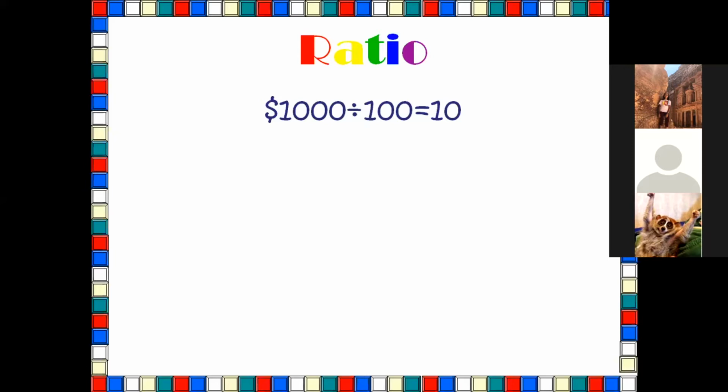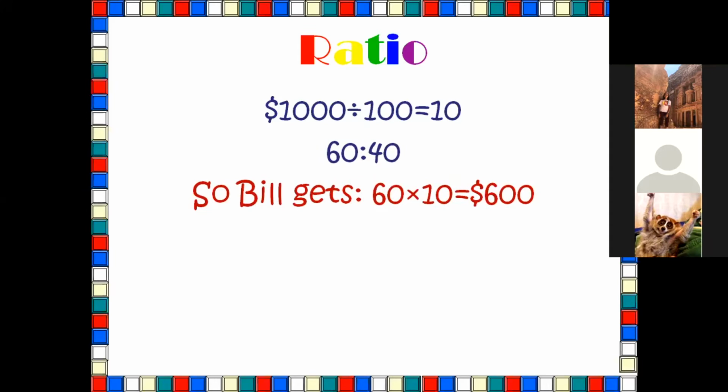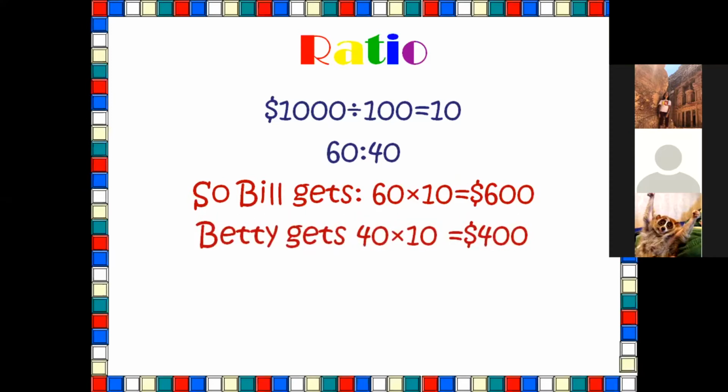If for each part there are 10, then Bill gets 60 times 10, which is $600. And Betty paid 40 cents, so 40 times 10 is $400. This is how we are going to be fair. So Bill will get $600, Betty gets $400.